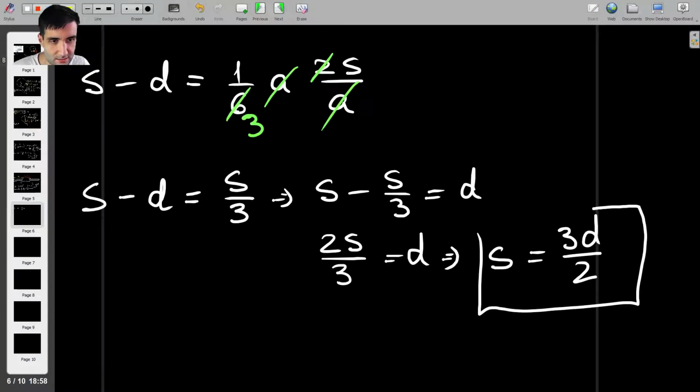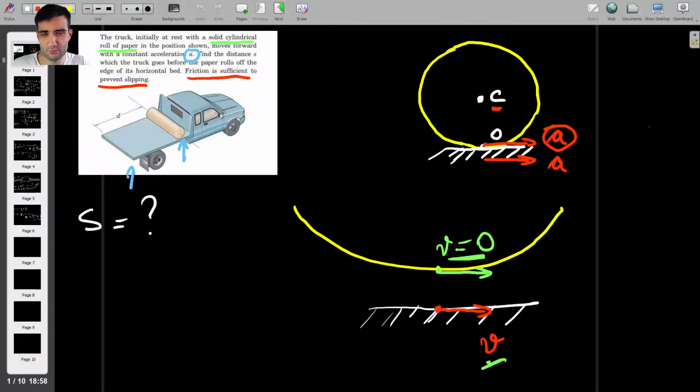And this is the distance that the truck travels before the cylindrical roll falls off. And as you can see, the result tells us that this distance doesn't depend on the acceleration of the truck or the mass of the roll or anything like that. It only depends on how long the truck is, basically.